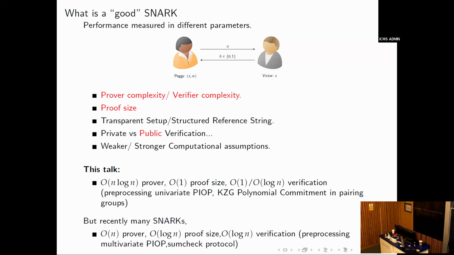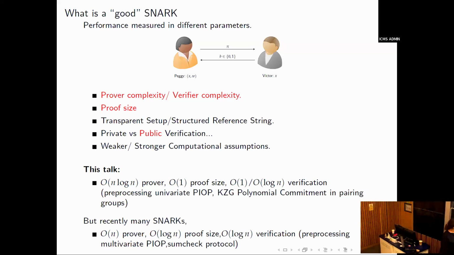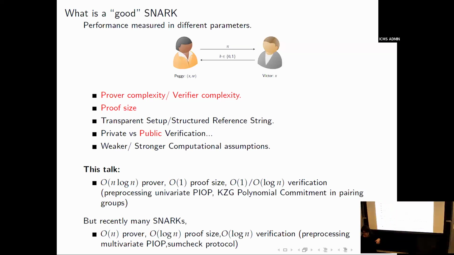And these ones typically have log n proof size and at least log n verification, maybe polylog verification. And usually these are preprocessing multivariate PIOPs. The machinery behind is usually the sumcheck protocol that Jonathan explained.